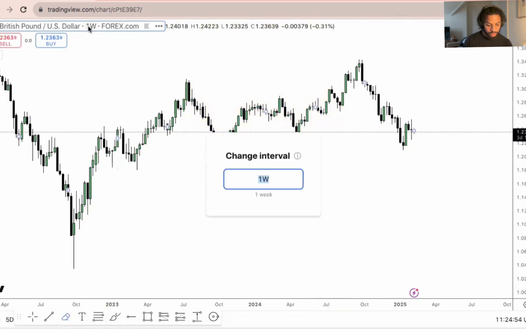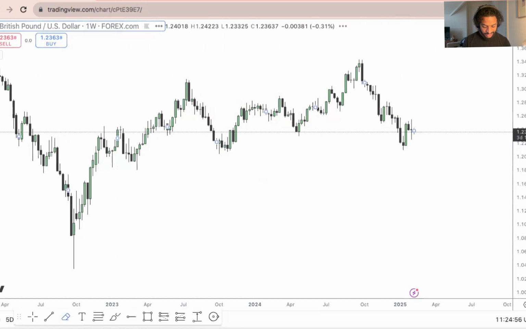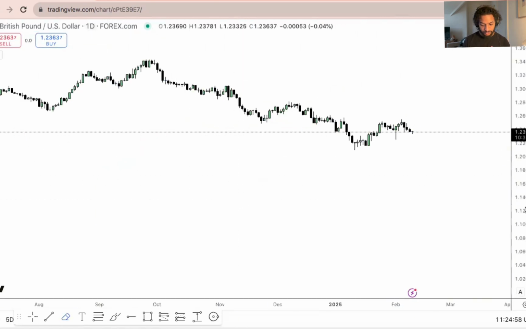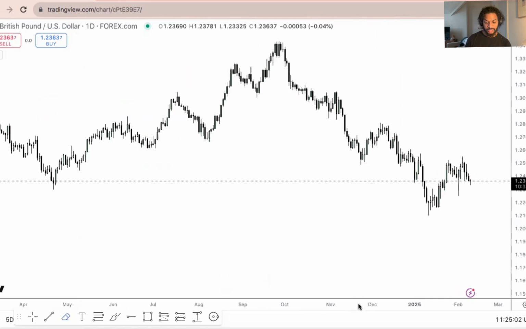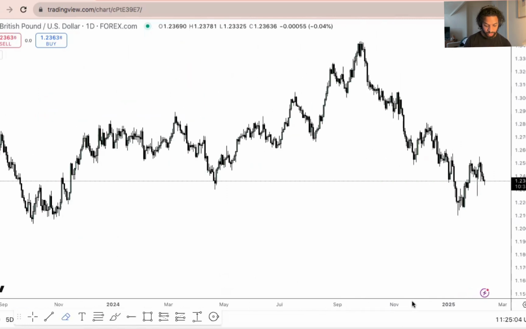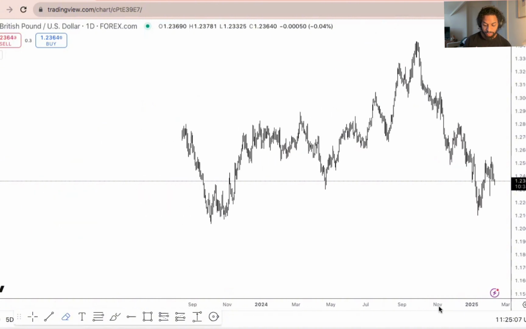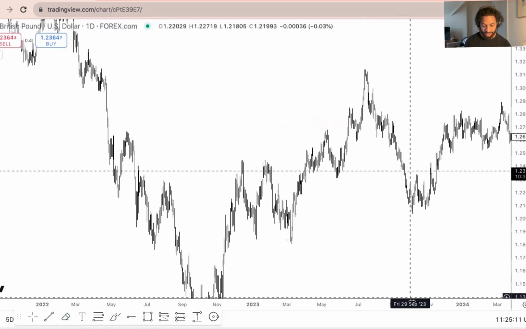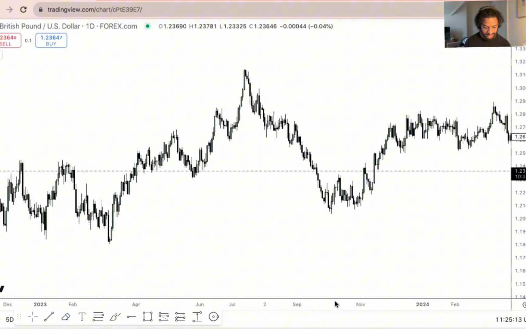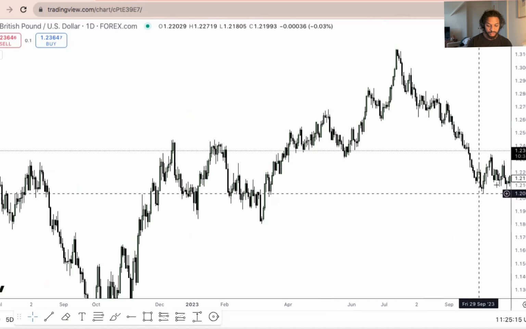So the daily time frame, guys, is key. It's one of the most key time frames that you're ever going to come across. Especially if you're a day trader, the daily time frame is everything to you, because you're going to position yourself in areas mainly based off the daily time frame, sometimes the 4 hour time frame as well.